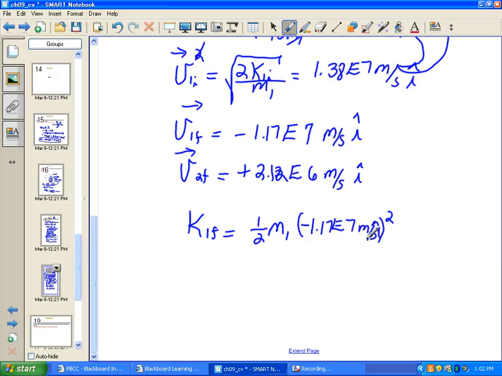Okay, because there will no longer be an i hat term. And so you can get that value. K2 final will be 1/2 m2, or 12 times m1, times 2.12 e to the 6 meters per second i hat, square that, which again, i hat dot i hat is 1, and that should give us a number.